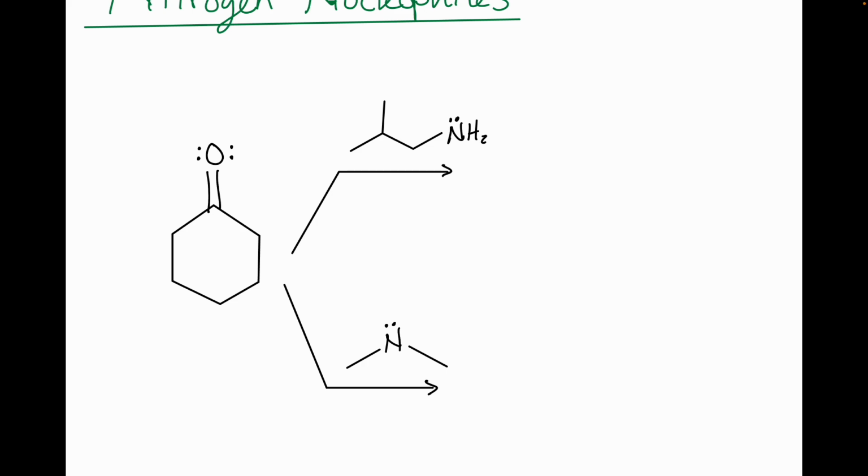All right, so I'm going to pick up my amine here and I'm going to attach that nitrogen to that carbonyl carbon, but I'm going to have a carbon-nitrogen double bond. All right, and then I have that 4-carbon tail here, that little isobutyl group sticking off.